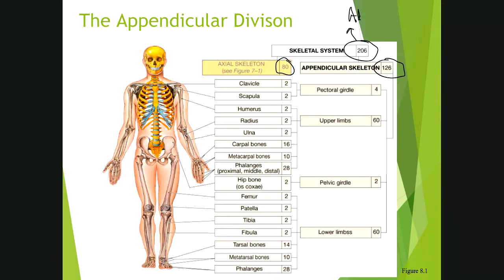So I mentioned that children have more bones, and they do. Depending on how old you are, it's about 300 bones in children. But what happens is we get fusion of bones. And so if you look at the hips for children, this bone right here is actually 3 bones. So there's one here, there's one back here, and there's one here.